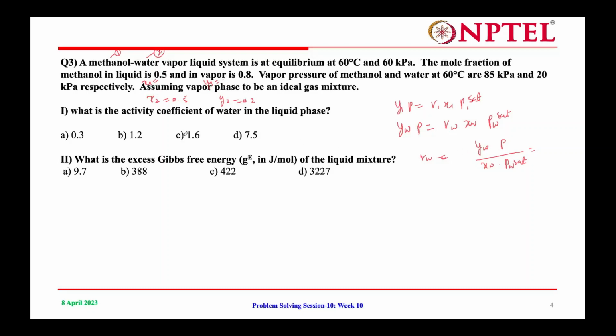So here put the values for water: 0.2, and P given here 60 kilopascal, and the mole fraction of water in liquid phase 0.5, into the vapor pressure of water at 60 degrees Celsius, 20 kilopascals. Okay. So gamma is equal to 1.2. Right.